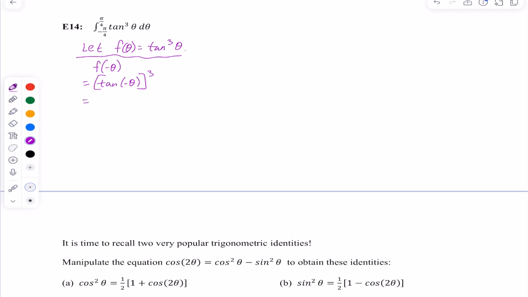We know that the tangent function is odd, so that will yield this expression. Then we raise it to the third power. But this is just another name for the opposite of f of theta. Therefore, the function is odd.